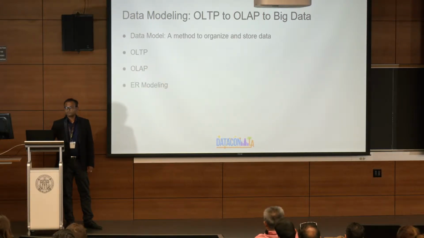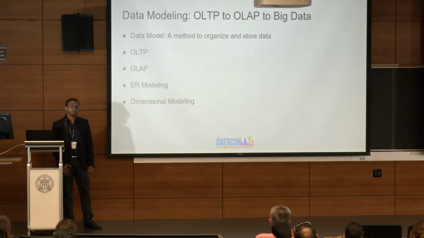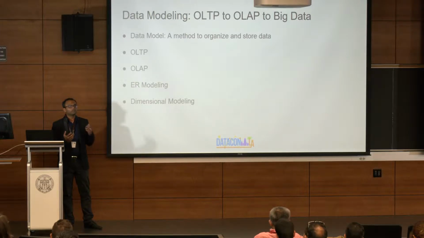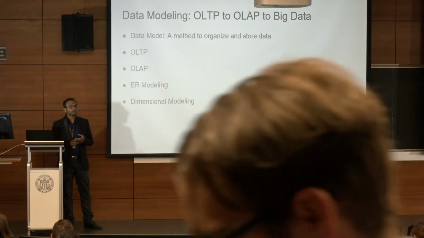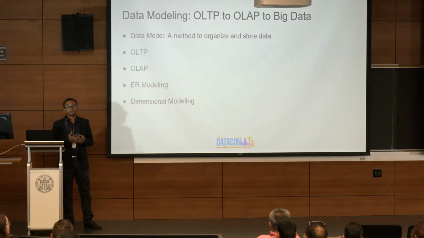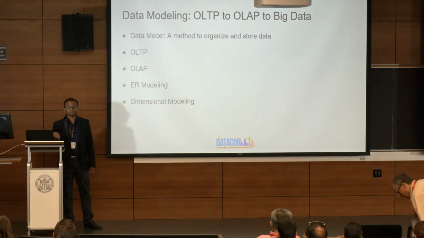Entity relationship models are one of the popular ones as well, and dimensional modeling for data warehousing and OLAP applications. One of the differences between OLTP and OLAP when we think about data modeling is that for OLTP, the main operation is random read and write, but for OLAP, it's batch read and write. That's one of the distinct operations we have to think about when we model in these applications.